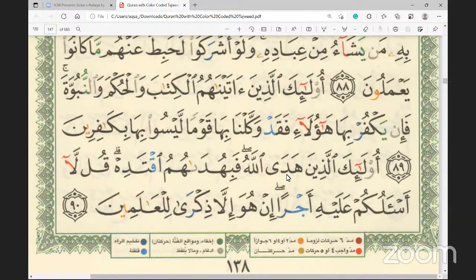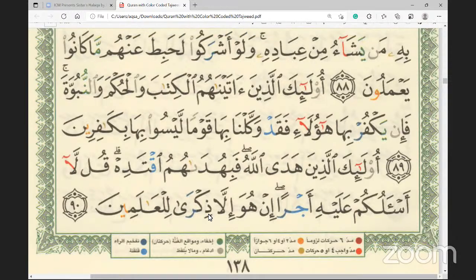Ula'ika alladhina hada Allah fabihudahumu qtadih. That little shake right there. Fabihudahumu qtadih. Qul la as'alukum alayhi ajran. Ajr. What are you giving it? You're giving a shake and the dark blue raw. Qul la as'alukum alayhi ajran in huwa illa dhikra.